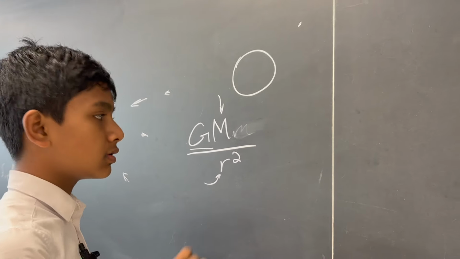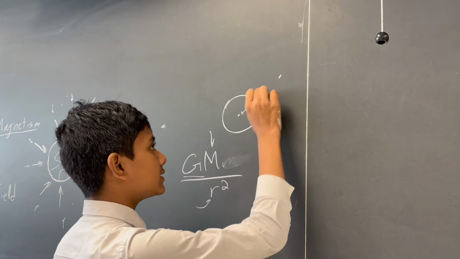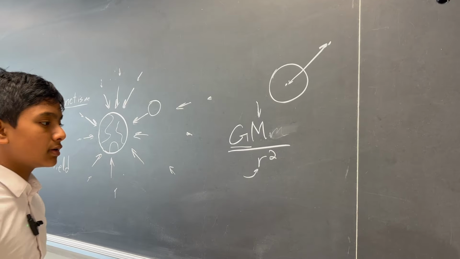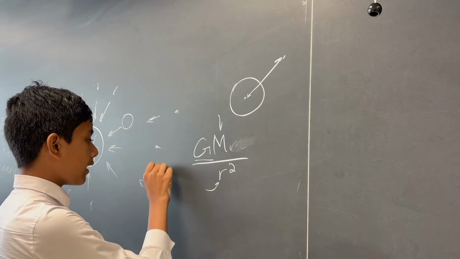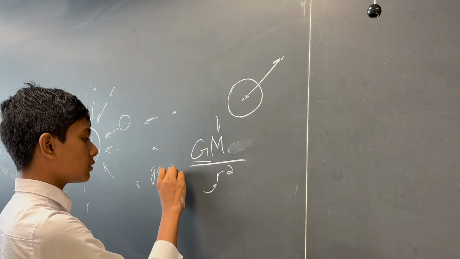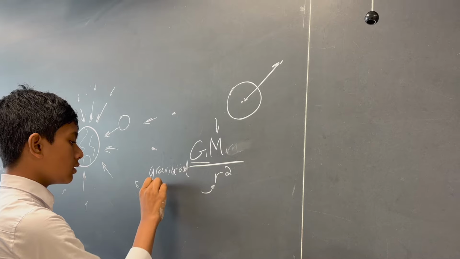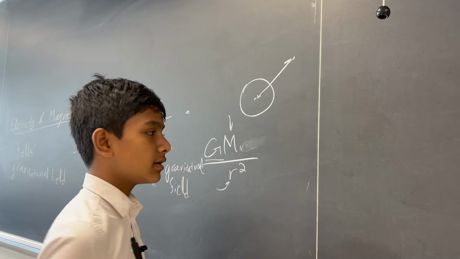Is it big M or small m? It's big M, because the big M is the one that's exerting the gravitational field. Small m is the one that's inside the gravitational field. So, this is our gravitational field, or acceleration due to gravity.